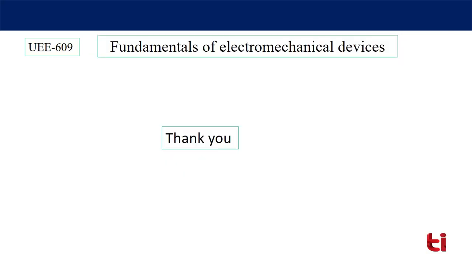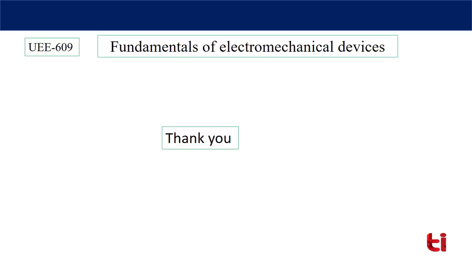So today we have just discussed the basics of electromechanical systems, and we have seen that there are three ways to obtain induced EMF across the coil. First, by keeping the coil stationary and changing the magnetic field. Second, moving the coil keeping the magnetic field stationary. And third, moving the coil as well as having a variable magnetic field.